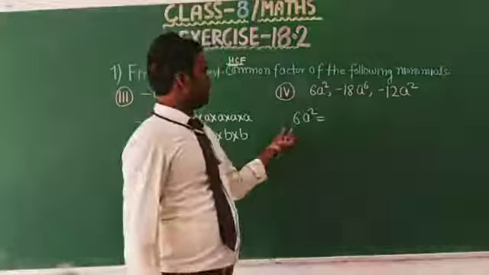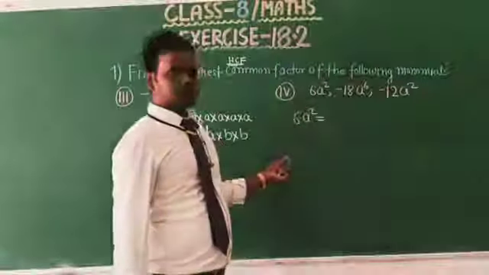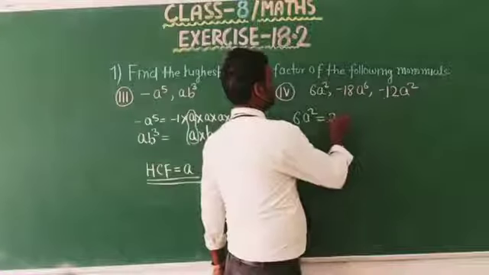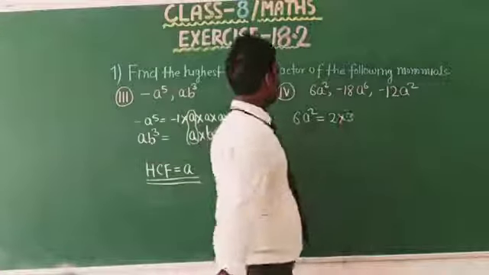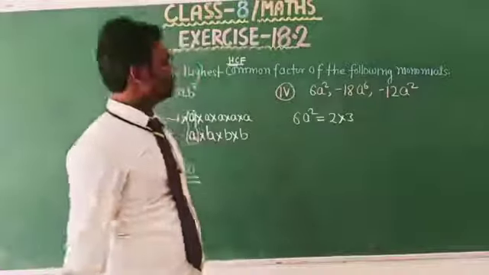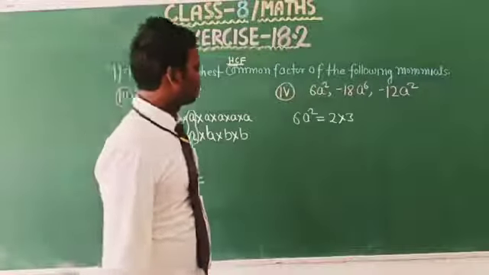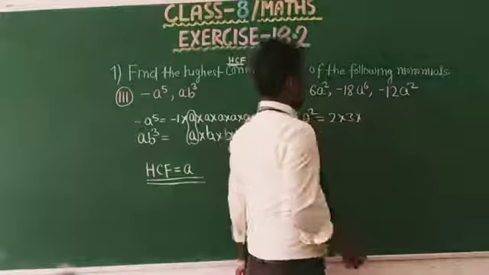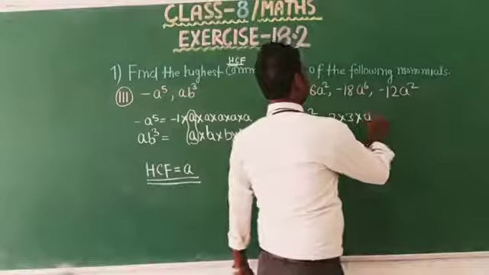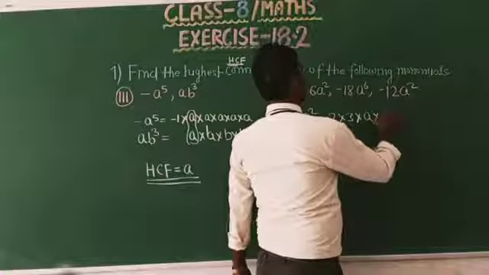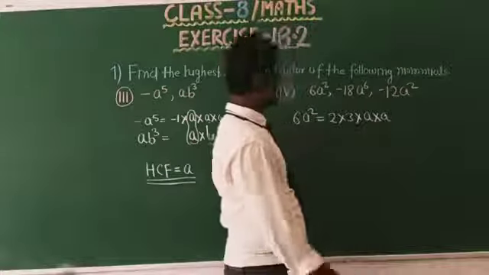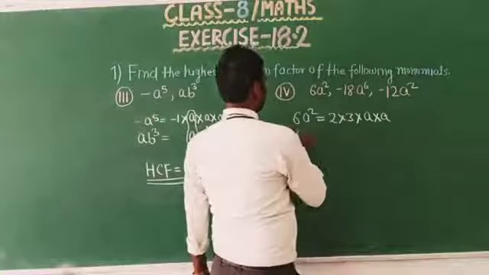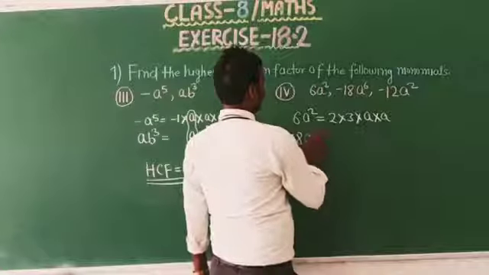Now write all the factors of this expression. 6 can be written as 2 into 3, and a square is the product of a into a, 2 times. The second expression is minus 18 a to the power 6.